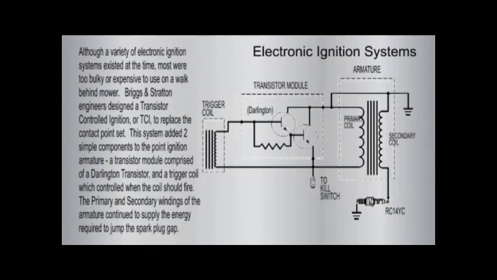This system added two simple components to the point ignition armature: a transistor module comprised of a Darlington transistor and a trigger coil, which controlled when the coil should fire. The primary and secondary windings of the armature continued to supply the energy required to jump the spark plug gap.